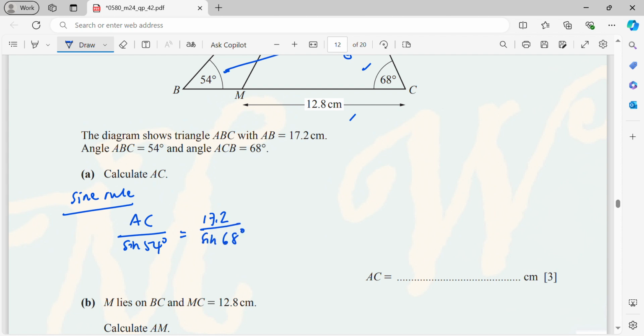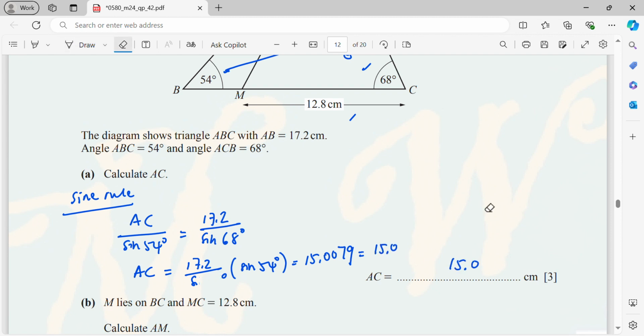Then from here, my AC will be 17.2 over sine 68 degrees multiplied with sine 54 degrees. And then you will be getting 15.0079. Now I round up to three significant figures, that is 15.0. So that is my AC.